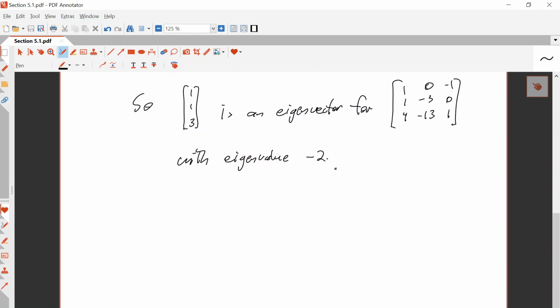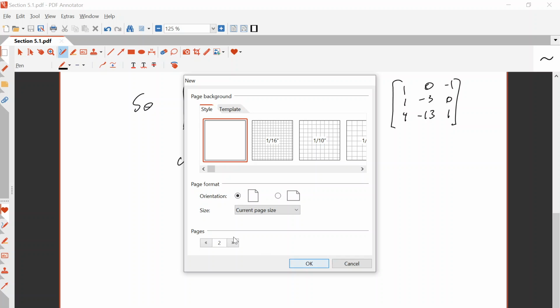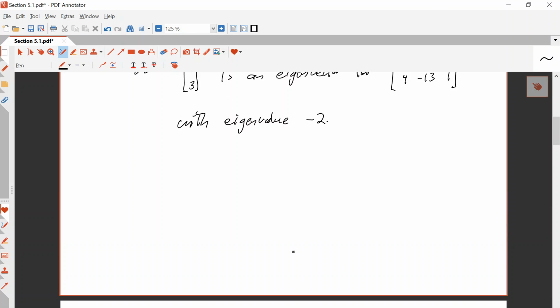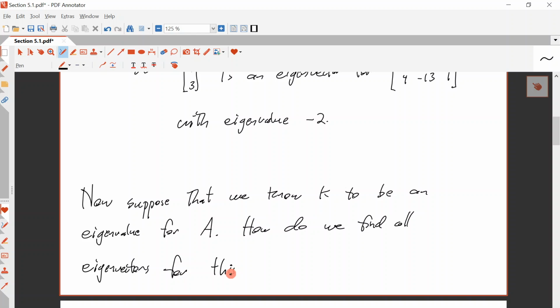Now, suppose that we know k to be an eigenvalue for matrix A. How can we find all eigenvectors for this eigenvalue?